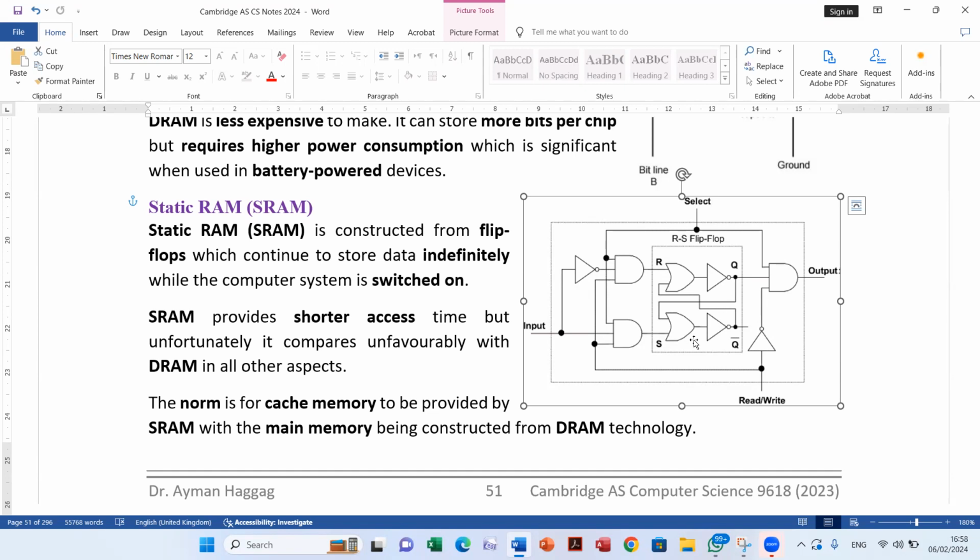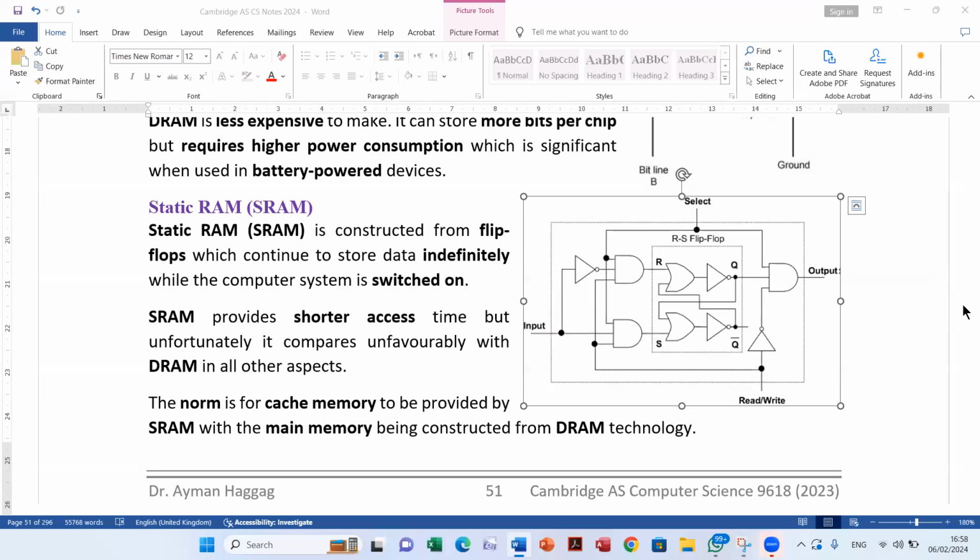This is the static RAM. And maybe you can recognize that these are logic gates. So the static RAM consists of logic gates, and they take a lot of components just to store one bit. This has so many benefits. It is very fast to read and write.